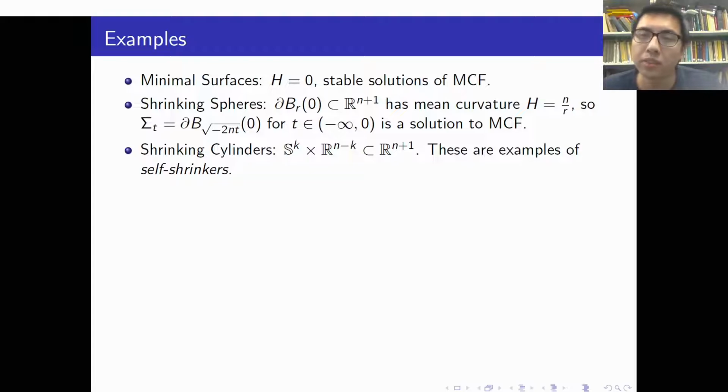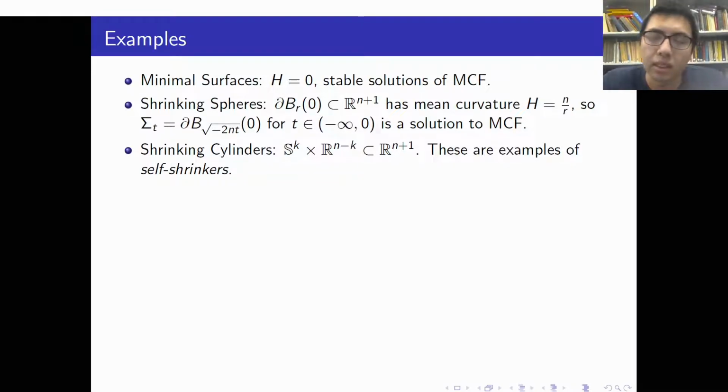It's just crossing the shrinking sphere with R^{n-k}, and you get a cylinder, and that also homothetically shrinks, in R^3 to a line, or to a copy of R^{n-k}, in finite time. So I won't draw the evolution for cylinders, and these two are examples of self-shrinkers, meaning they're homothetically shrinking solutions to the mean curvature flow.